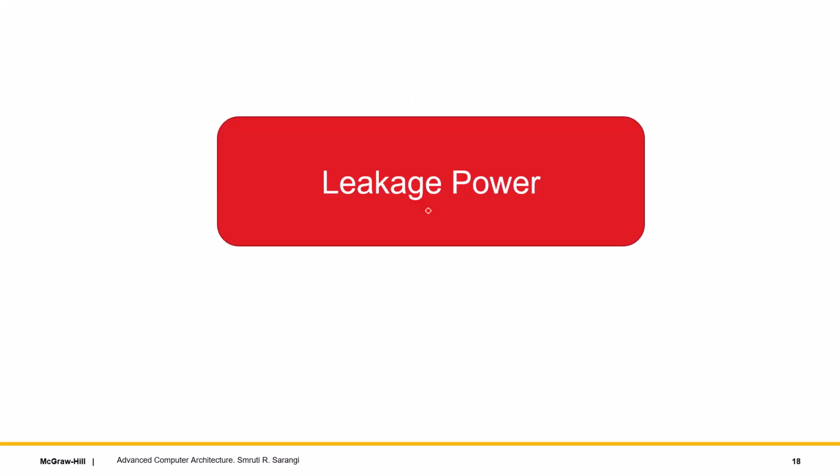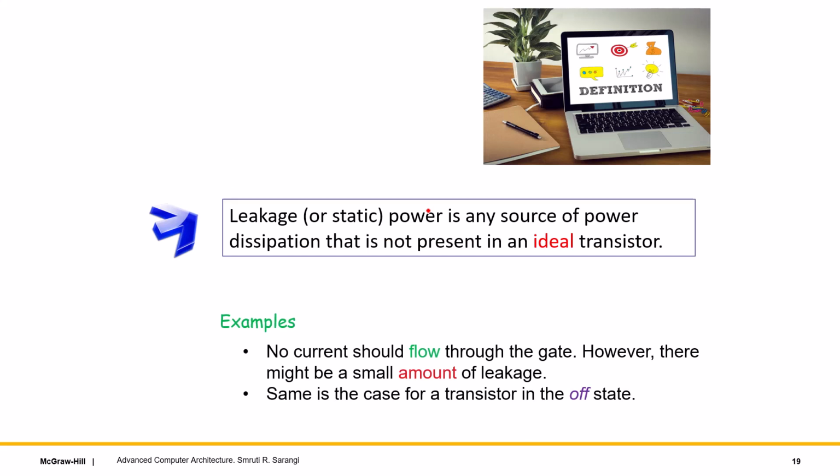So let's discuss another component of the overall power consumption known as the leakage power. It's also known as static power. Essentially, if I consider any transistor, let's say these are the N wells and there's a p-type substrate, then you have your silicon dioxide and your gate here.